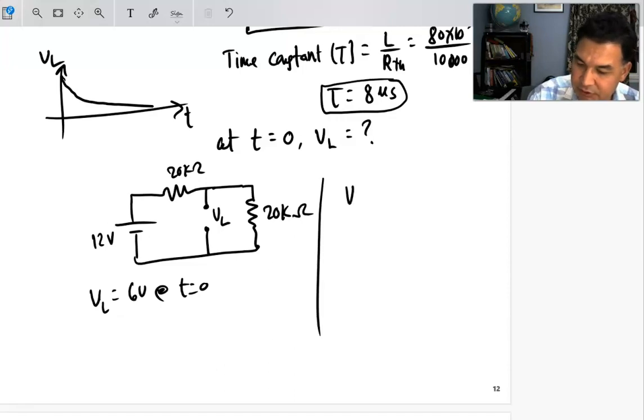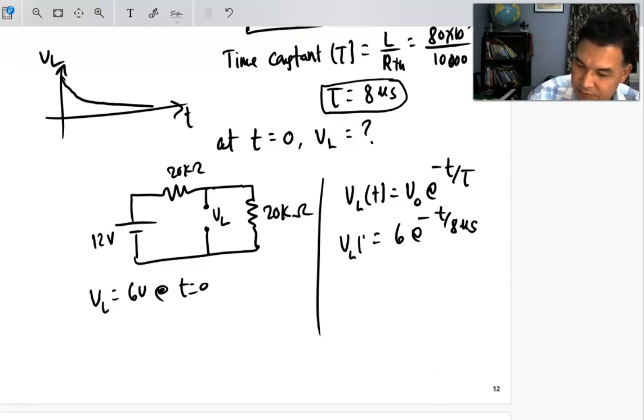So your general equation is VL(t) equals V naught maximum e to the negative t over tau, so it's 6 e to the minus t over 8 microsecond. And this is how the voltage across the inductor decays over time.